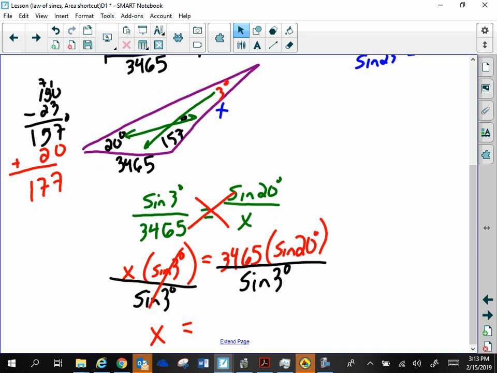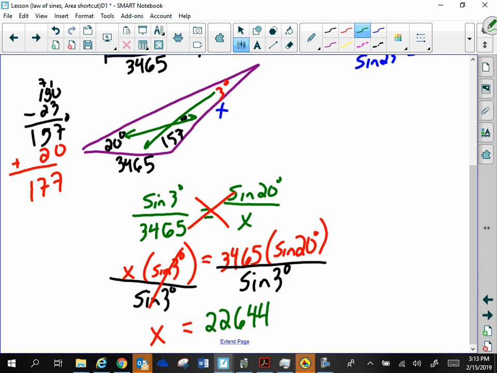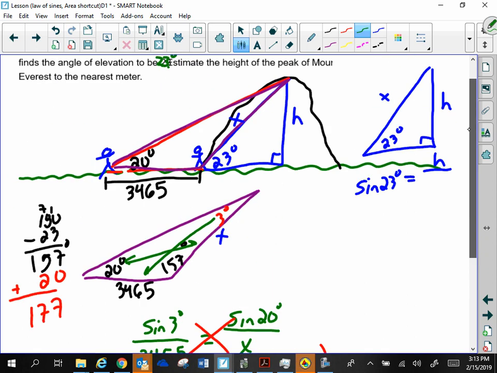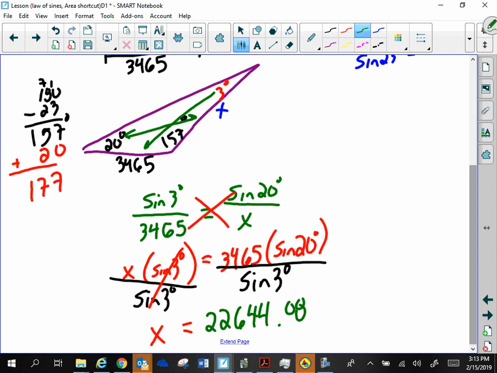Typing this into my calculator, 3,465 times the sine of 20, divided by the sine of 3, I came up with a length of 22,644.8 meters.